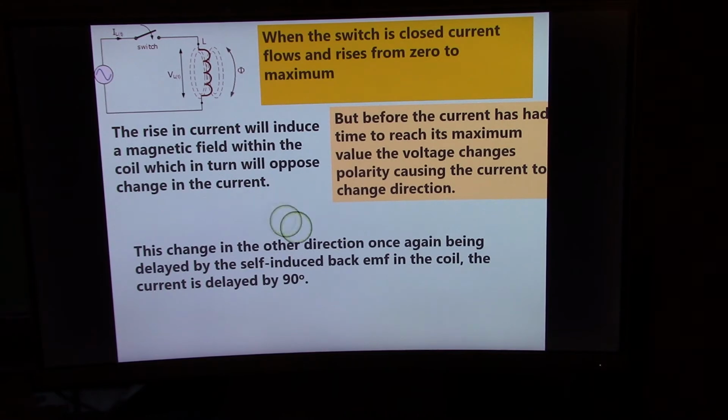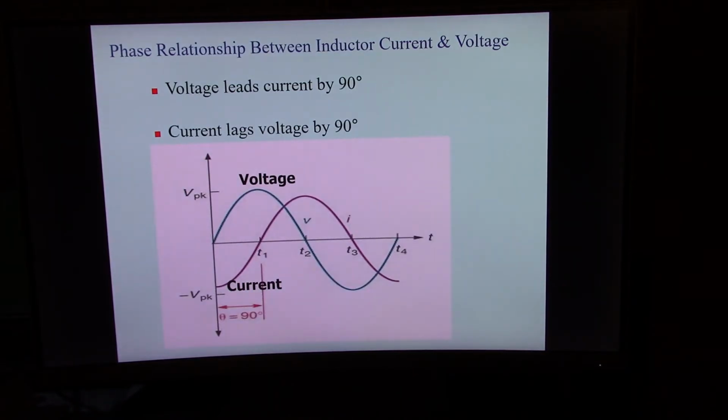And this EMF is electromotive force. It's the same thing as voltage. And this developing and collapsing of magnetic fields is a 90-degree lag. So here's a picture which shows you have the current that is increasing, and with that current increasing, you get the increasing of the voltage.